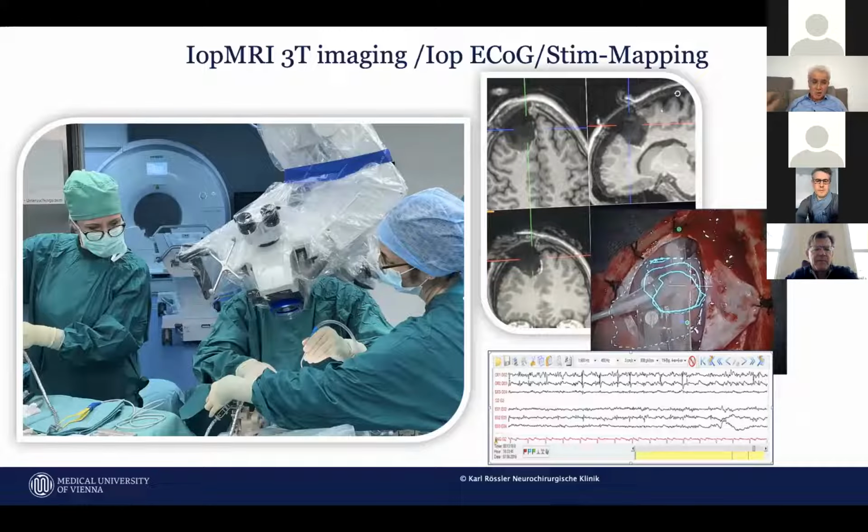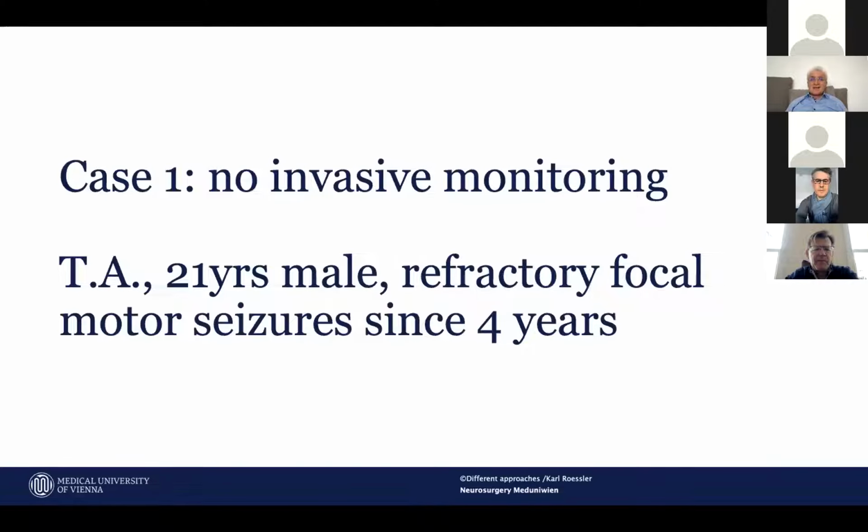And at the moment, we also have this two-room concept of an intraoperative MR suite combined with a neurosurgical operating suite. We also can use monitoring by using special wires, and also can use intraoperative electrocorticography in this OR. But now I will give you a few examples and show you how these strategies can be used.